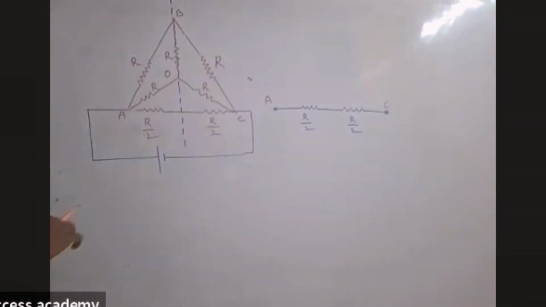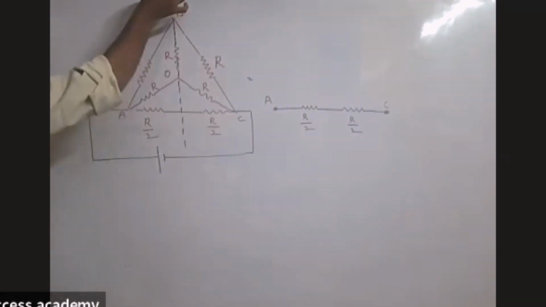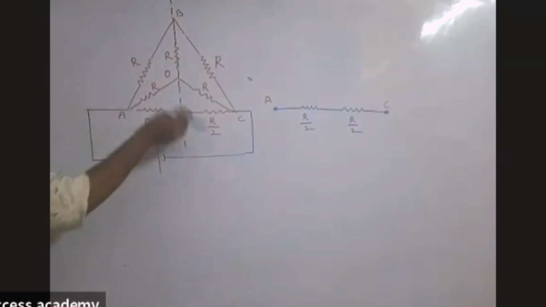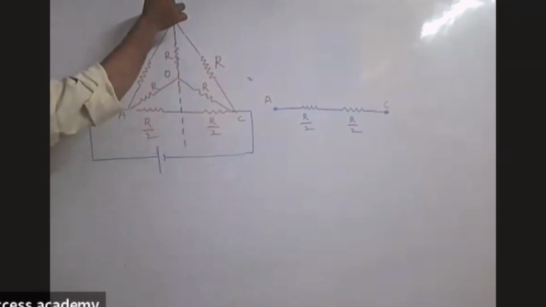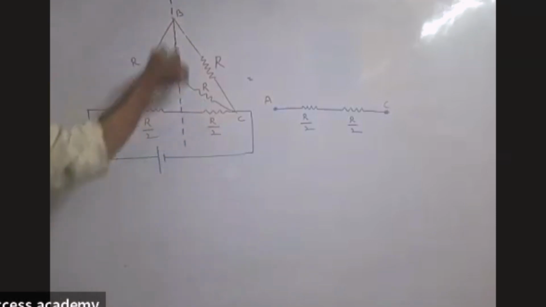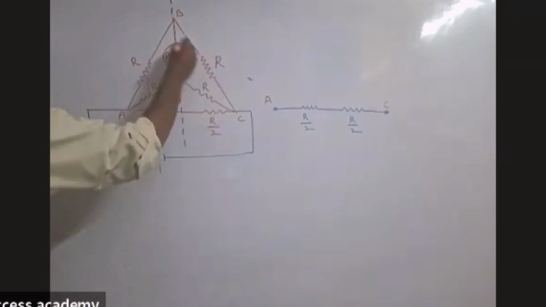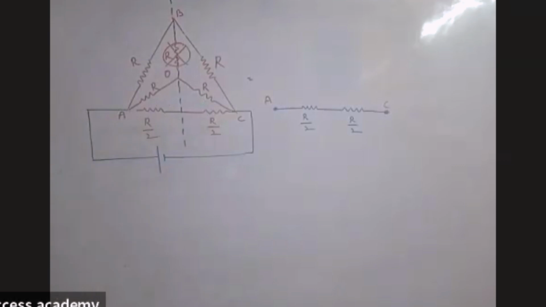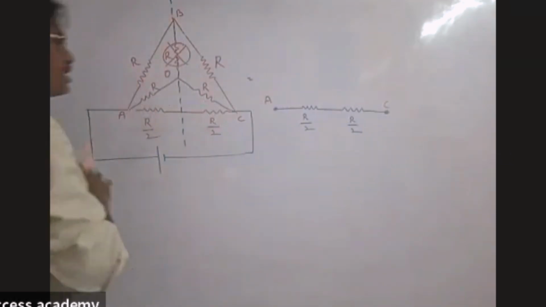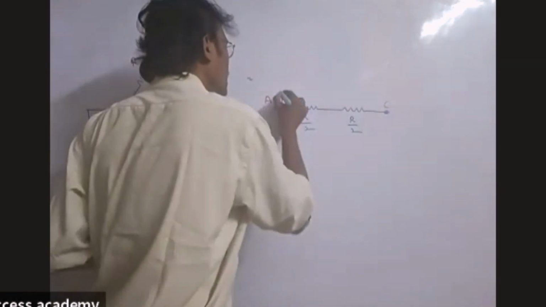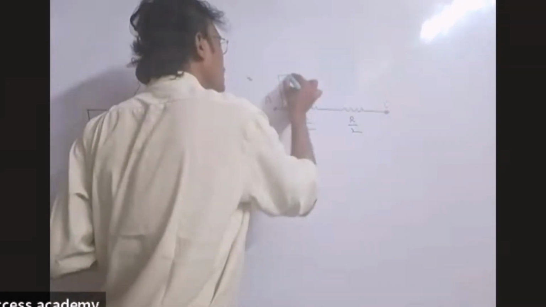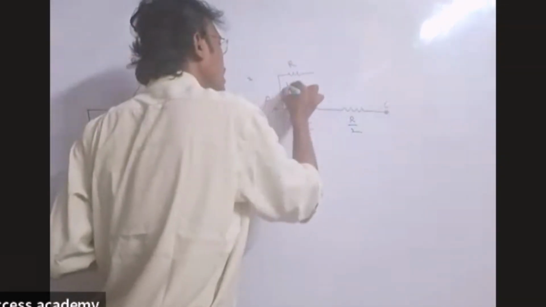Now observe carefully, above this R by 2, here one R is present, here another R is present. Anyway, this is a reference line. Symmetric is nothing but no current passes through BO. On this reference line, no current passes and this resistor is invalid. Now R by 2, R and R. So here I am taking R like this and R like this.